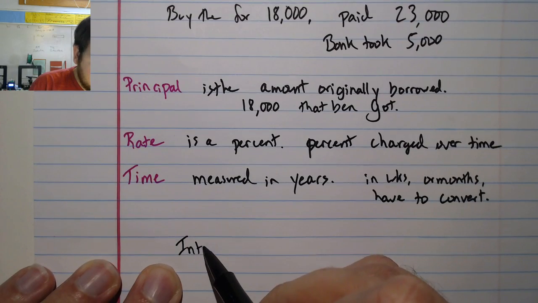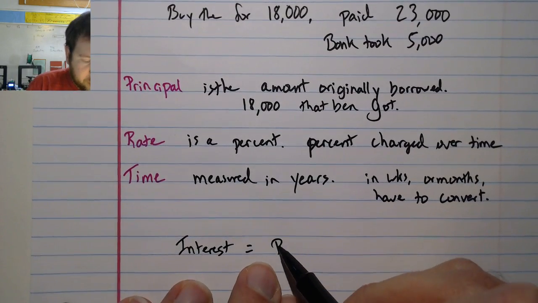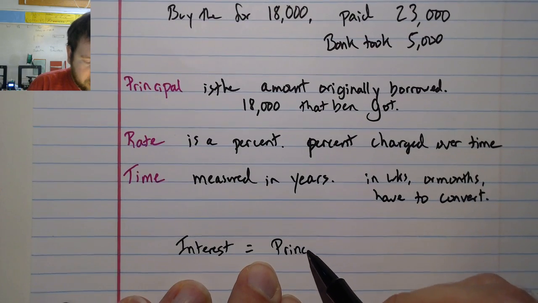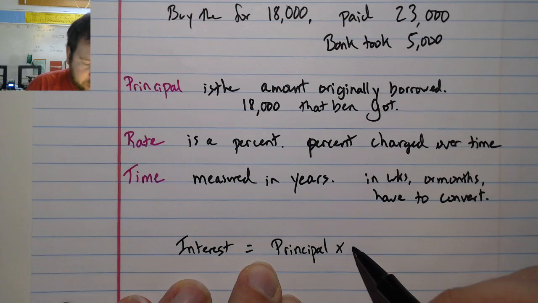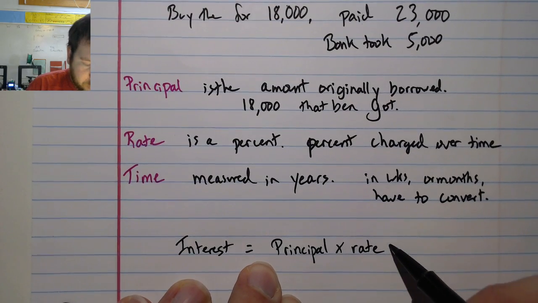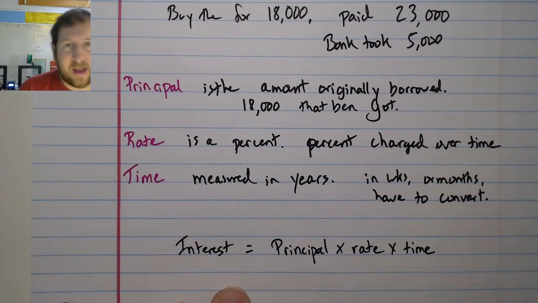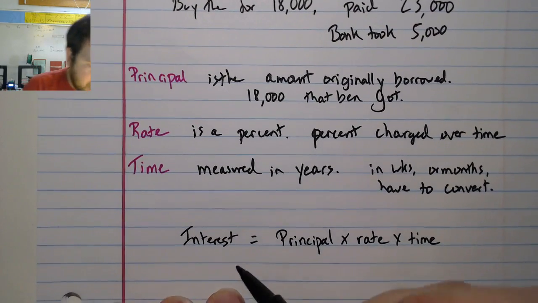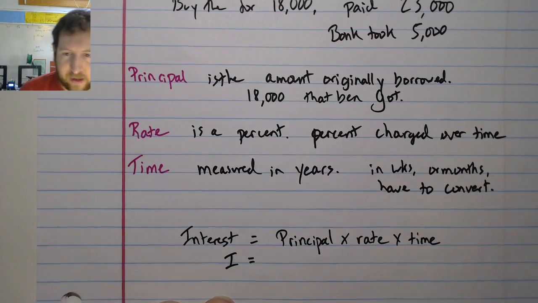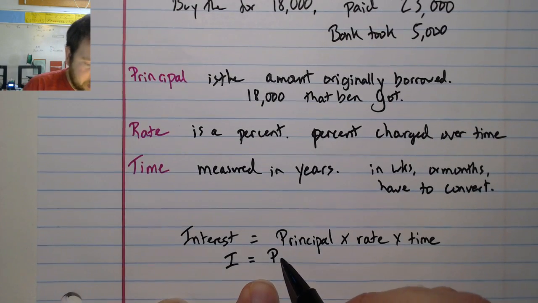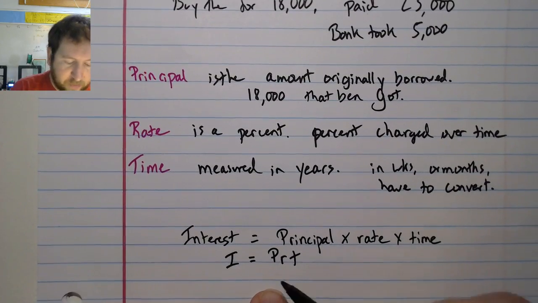Interest equals the principal times the rate times the time. And if I write this simpler, I usually see it more like this. I equals PRT. P for principal, R for rate, and T for time.